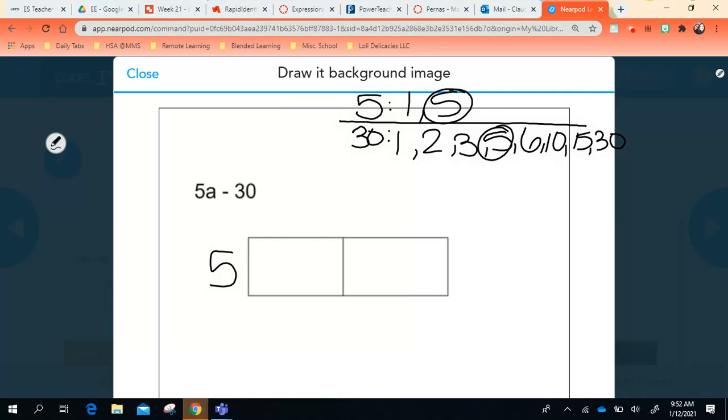Remember, that's in your steps. So now, where does 5a minus 30 go? Look at your steps. Does it go outside or inside? It goes inside. Those of you just calling out randomly because you're not looking at your notebook, that does not work.